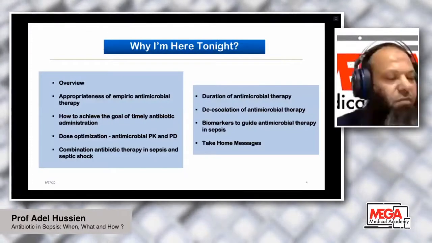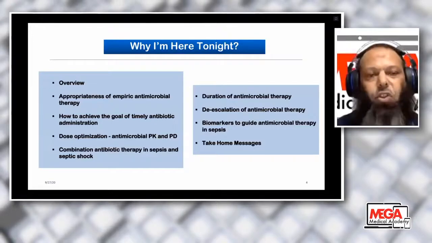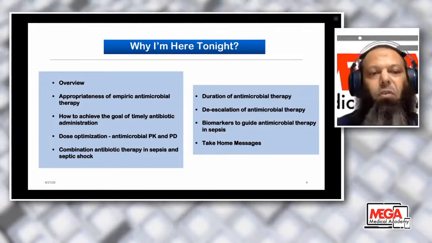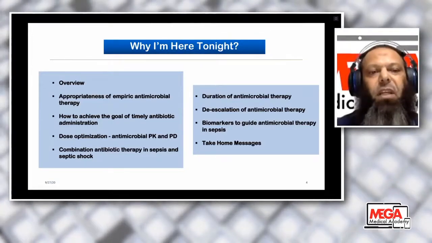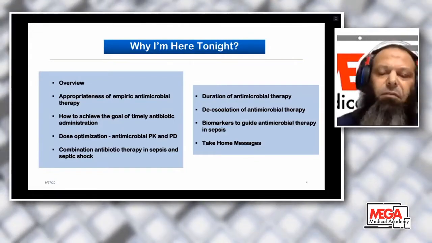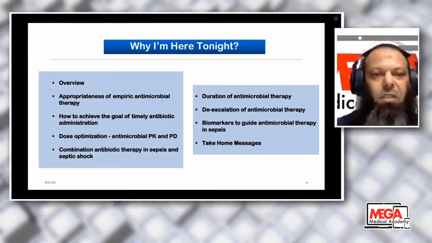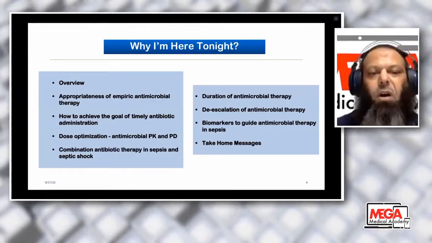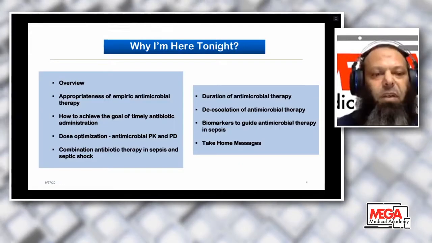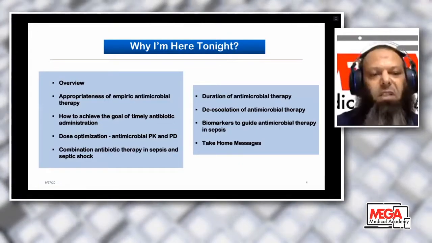These are the objectives of my presentation tonight. I will give just a short overview first of all, then I will highlight the important pillars of the antibiotics coverage in sepsis. First is the appropriateness of empirical antimicrobial therapy. Second is how to achieve the goal of timely antibiotic administration.